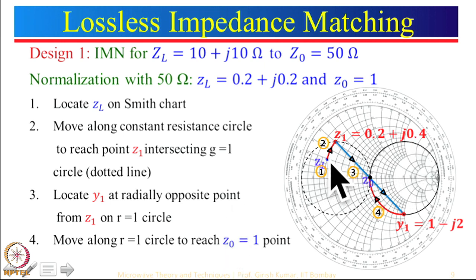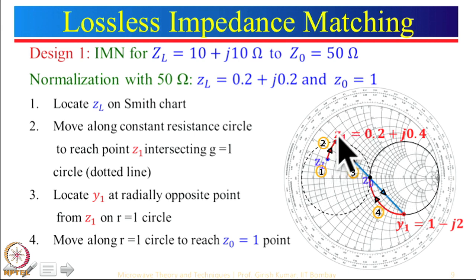I will tell you the reason after a few minutes why we stop here. So, read the value. This value is 0.2 plus j0.4. So, this is the step: move along the constant resistance circle to reach point Z1, intersecting the G equal to 1 circle, which is the dotted line.